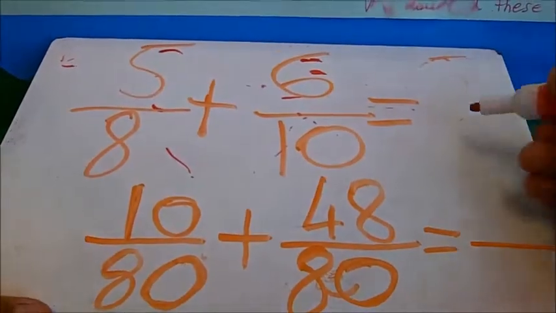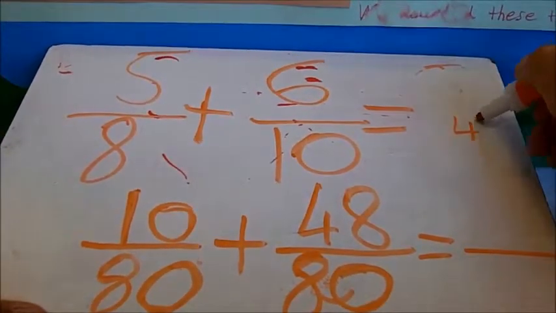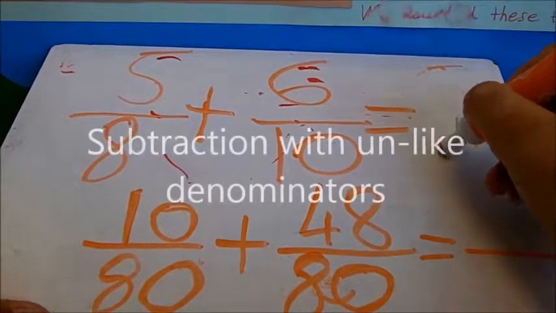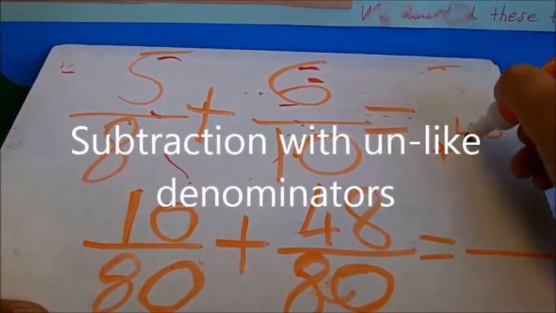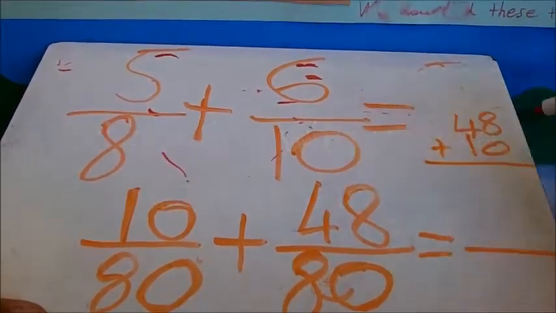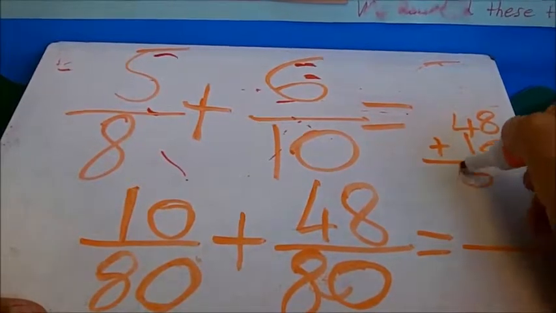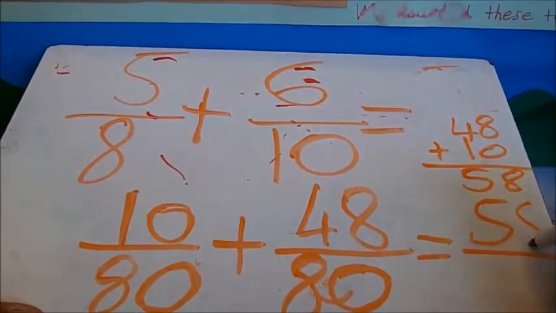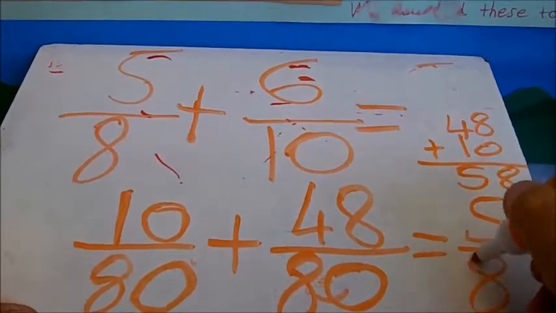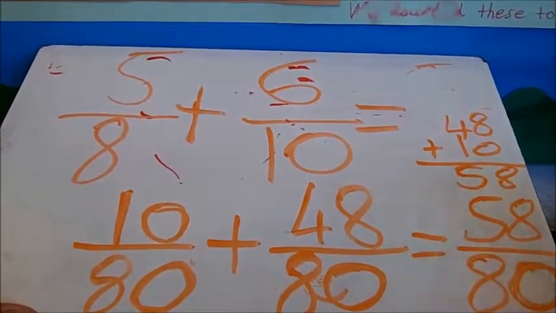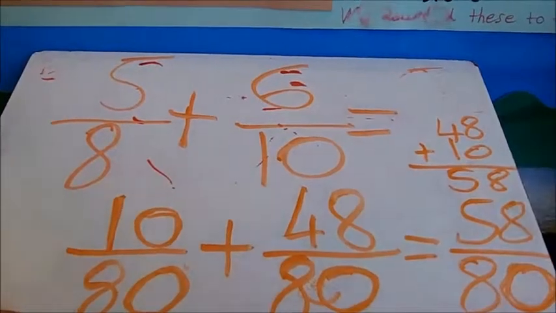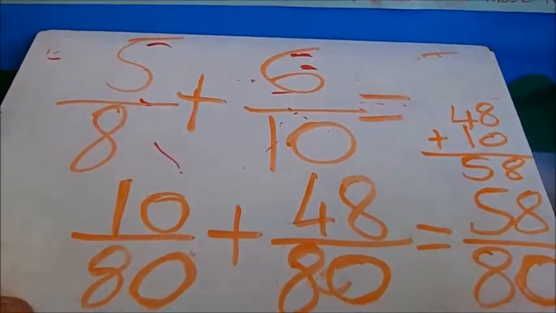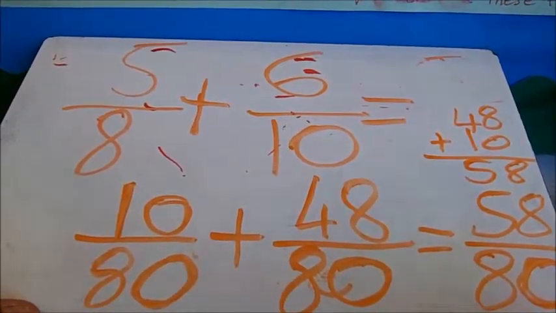And then what you have to do is add 48 plus 10, which would give you 58. So 58 would go on the top, and 80 would go on the bottom, which then is your fraction, and you can then simplify it down.